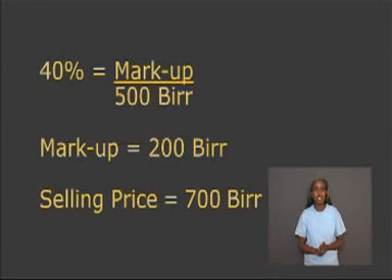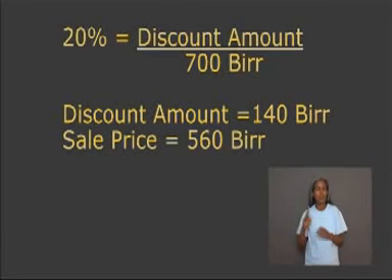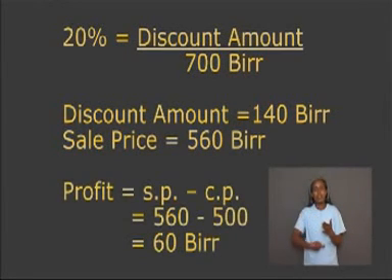If the shoes are then offered at a discount of 20%, the sale price is 560 birr. Even at a sale price, the company still makes a small profit on the shoes.